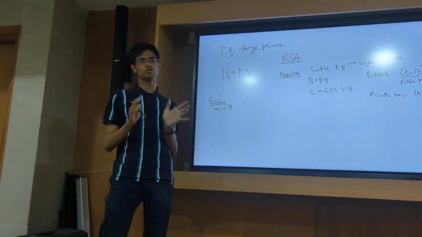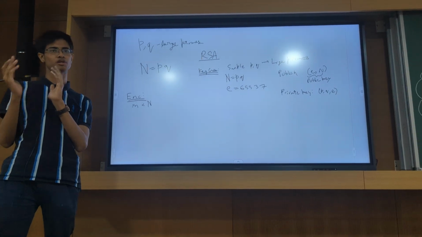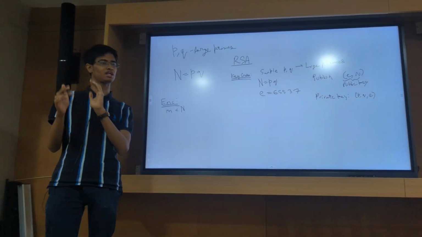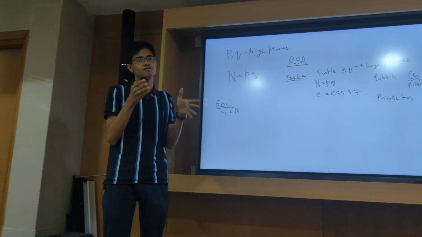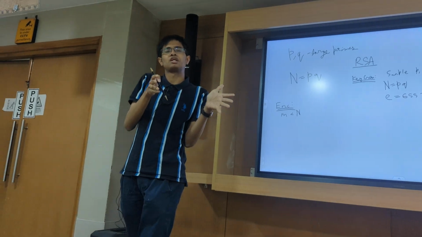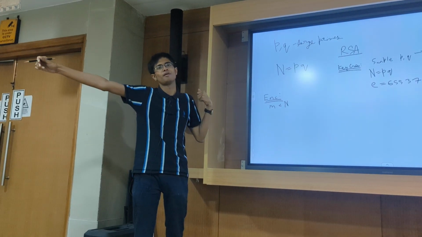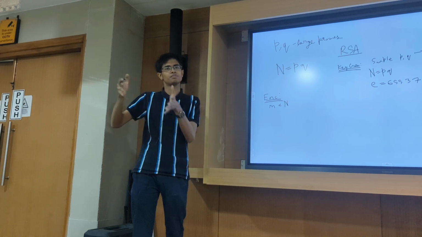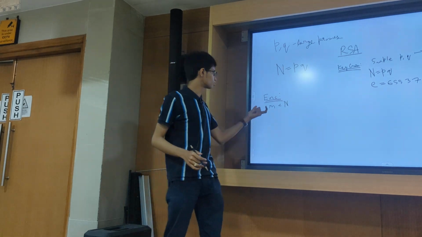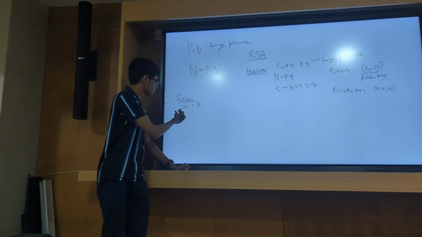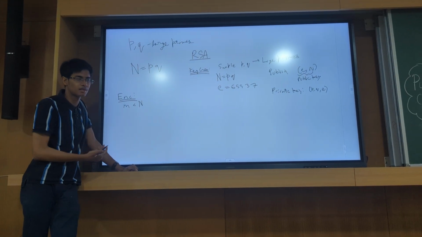Usually you take p and q to be 1024-bit primes, then N is 2048 bits. So you can fit a sentence worth of message in that easily. Of course, if you want to send many messages, you can just encrypt many blocks sequentially. So we need m less than N.